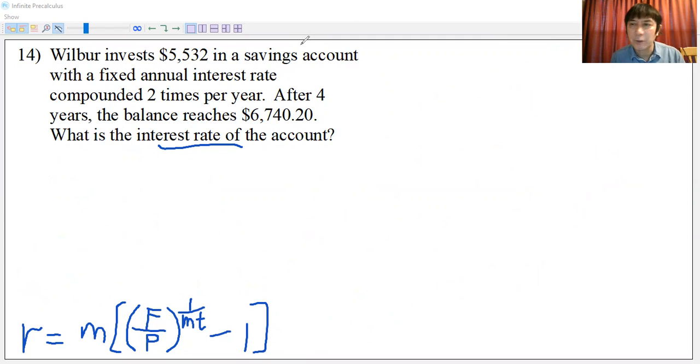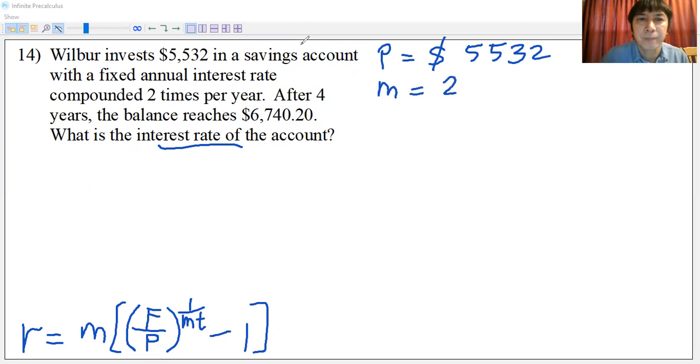We're after the rate of interest. Let's write the given data. Wilbur invests $5,532 in a savings account with a fixed annual interest rate compounded 2 times per year. So the compounding period is given, that's 2.